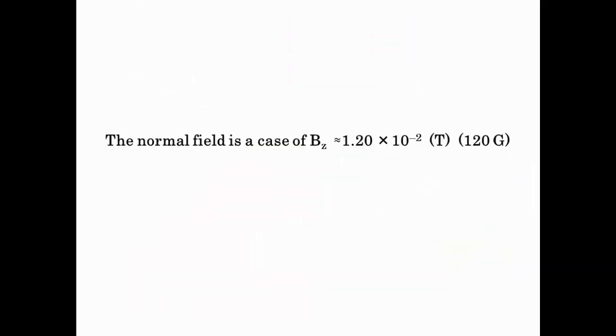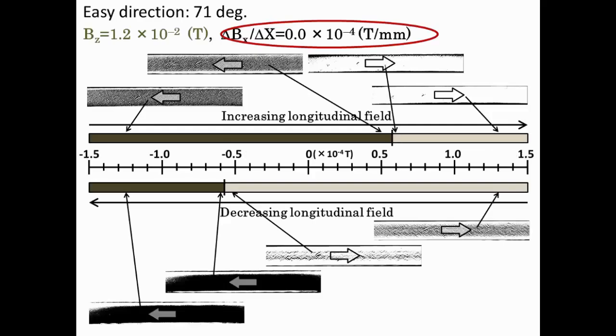We carried out other two conditions of a normal field. One is, normal field is 120 Gauss, and the result is the same as the previous one.